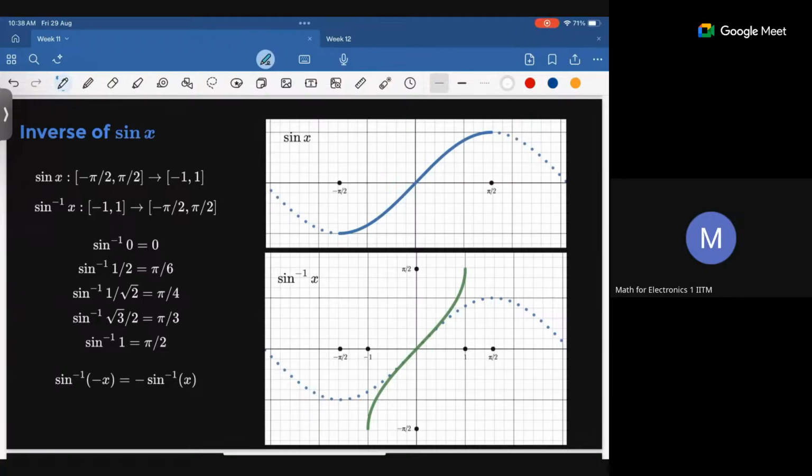Similarly, sine inverse of -1 is -π/2. Right? So sine inverse of minus x is minus sine inverse x because sine inverse of x is also an odd function. You can see the plot of sine inverse x. Both this blue and green curves will be symmetric about y equals x. Okay.